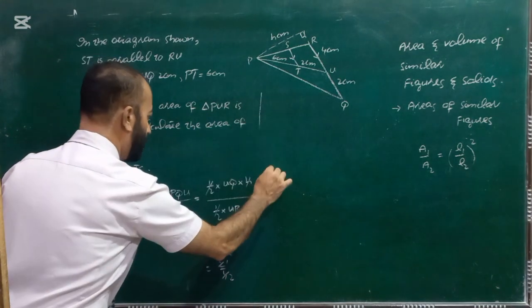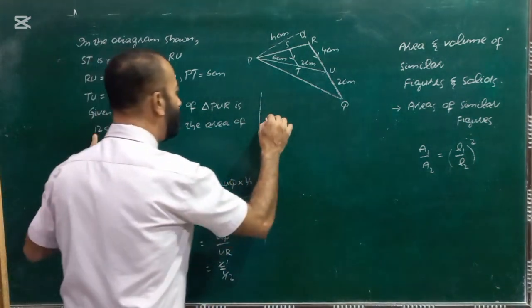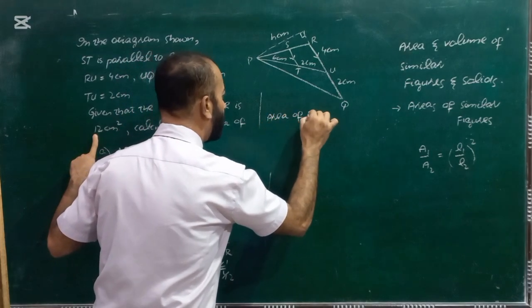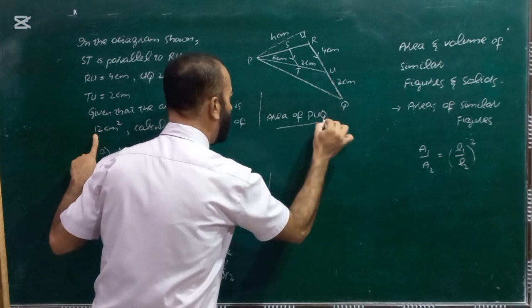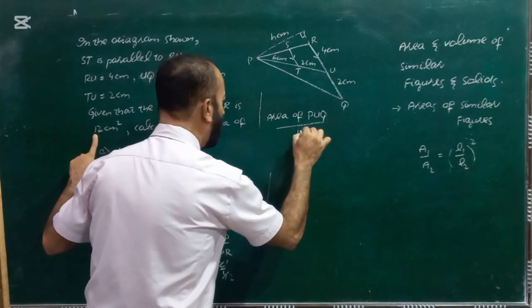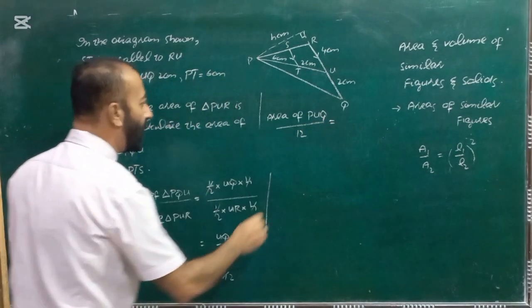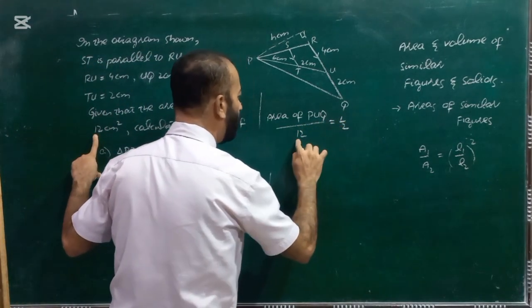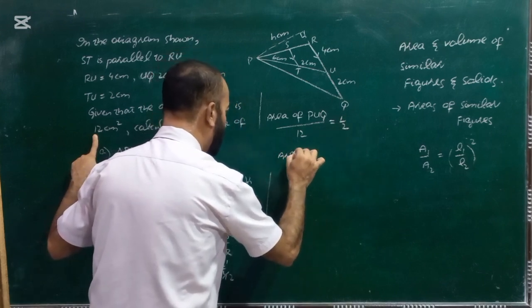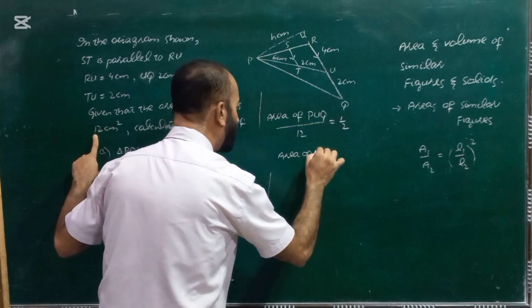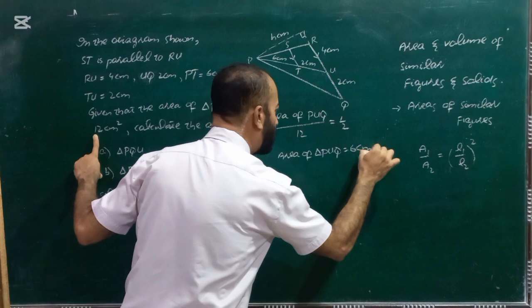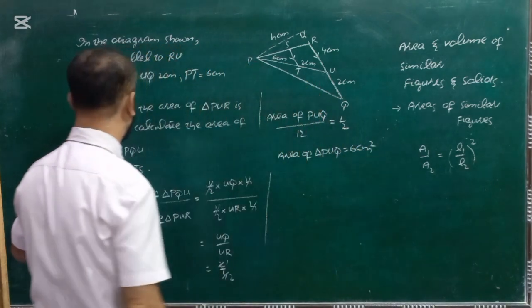So the area of PQU divided by 12 equals 1/2. When 12 goes to the right side, it becomes 6. So 6 centimeters square is the area of this triangle.